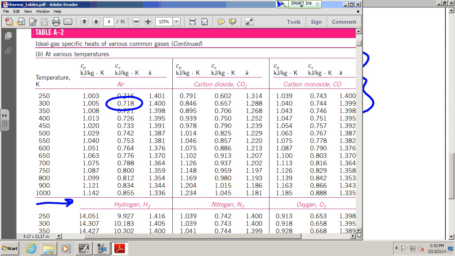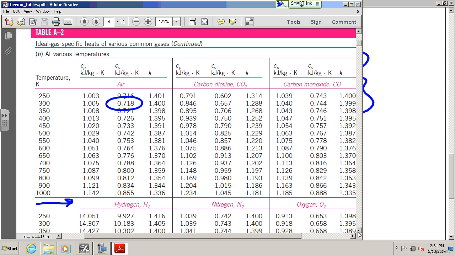I'm supposed to only use one C sub V, not a bunch of values. So what would be a logical choice of C sub V to use if you're going from 300 Kelvin to 1500 Kelvin? Halfway between, I like your thinking. Why don't we just go halfway between?